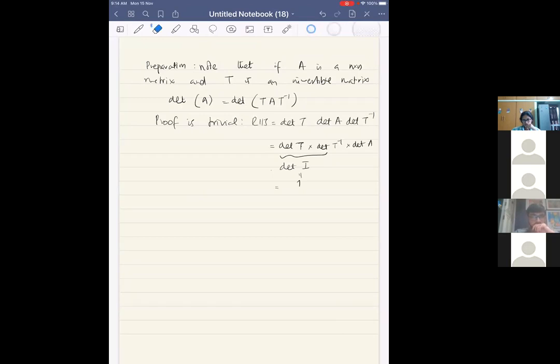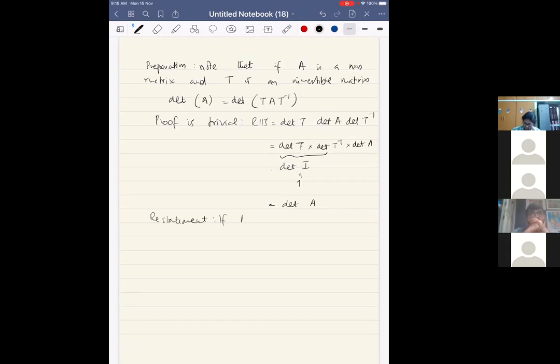So we get equal to det A. Okay. So if I have A and I transform A according to this, so a restatement of the above.